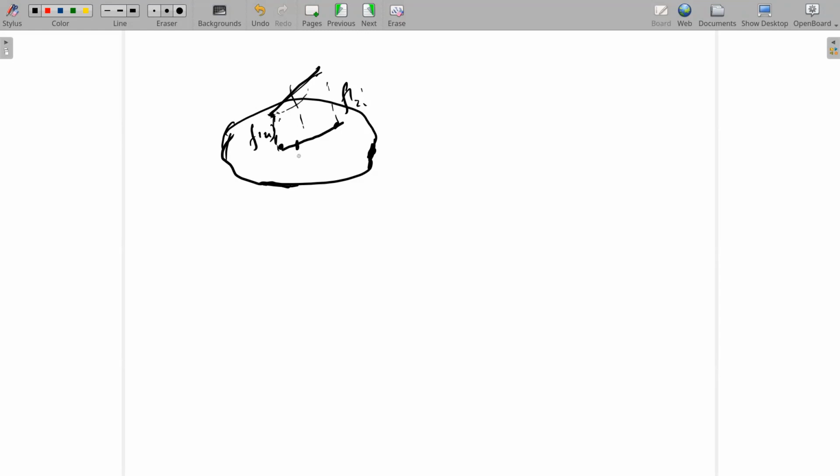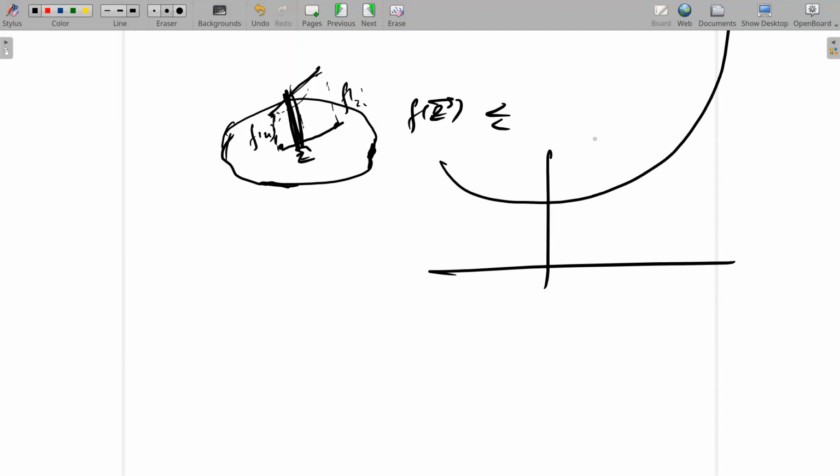If you take z on this line, then f(z) is less than or equal to the value on this line at that point. Or if you're thinking in one dimension, if you have a function like this, you take a point here and a point here, this function would be said to be convex if any point in the middle is less than or equal to the line joining these two points.